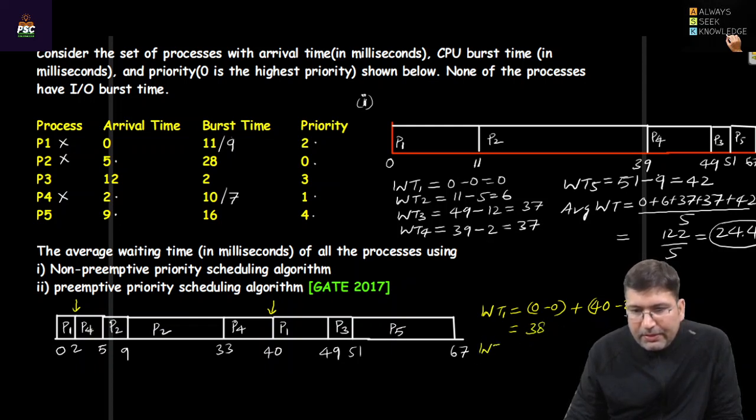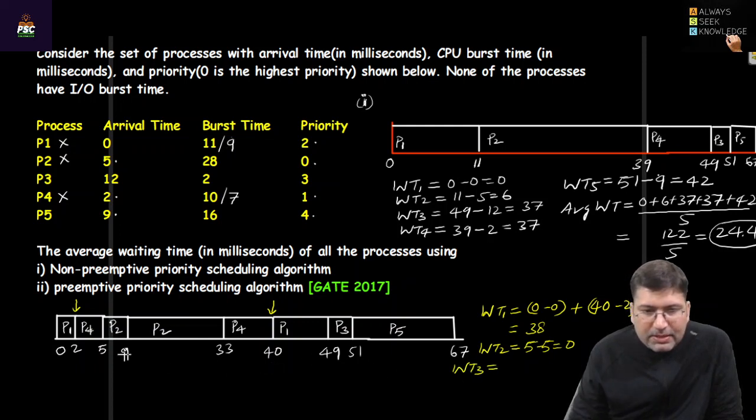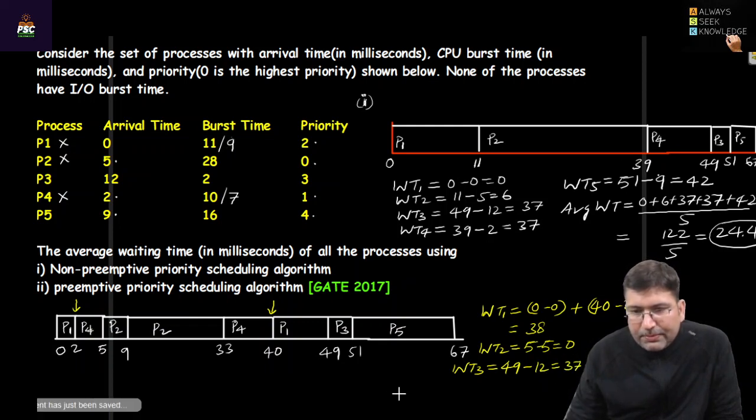Now if you calculate the waiting time for process 2, it arrives at 5 and starts executing at 5 and it doesn't have any further waiting time. So it is 5 minus 5, that is 0 waiting. If you calculate for process 3, it starts executing at 49 and process 3 arrived at 12. So it is 37.